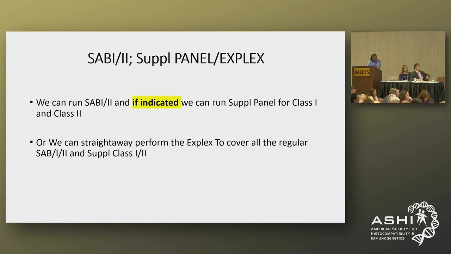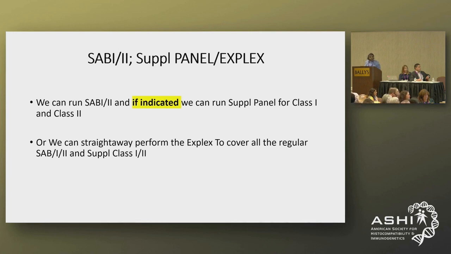Or you can have all these combined using their XPlex panel and do it together. These are the two ways you can do it. So basically you will have a very comprehensive, as far as we know as of now, HLA antibody profile. That doesn't mean that it is covering all the alleles. It is not.